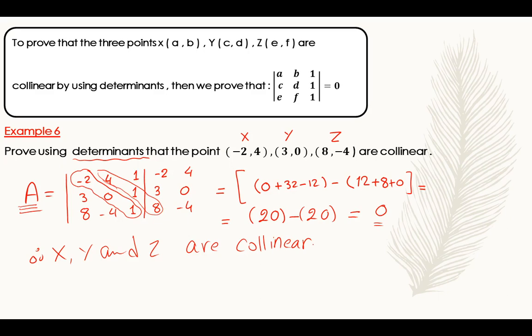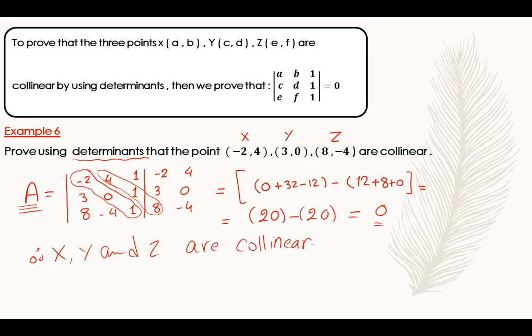So it is very easy to use the determinant to find the area of the triangle, or to prove that the 3 points x, y, z are collinear. In the first case, to find the area of the triangle, we take half the value of the determinant whose rows are x, y and z, and this value must be positive.